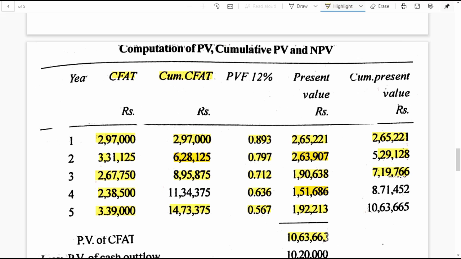You add 1,51,686. It gives us 8,71,452. You add 1,92,213 with that, you get the final figure of 10,63,665. This is the total cumulative present value of cash inflows of the project.